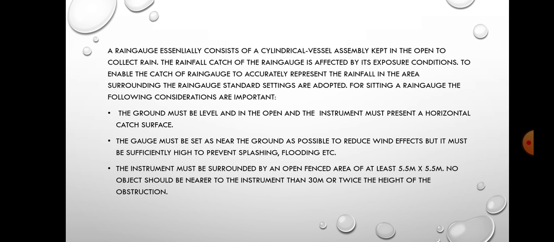The gauge must be set as near the ground as possible to reduce wind effects, but it must be sufficiently high to prevent splashing, flood, etc. The instrument must be surrounded by an open fenced area of at least 5.5 meter times 5.5 meter. No object should be nearer to the instrument than 30 meter or twice the height of the obstruction.